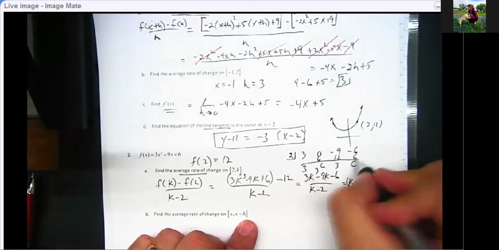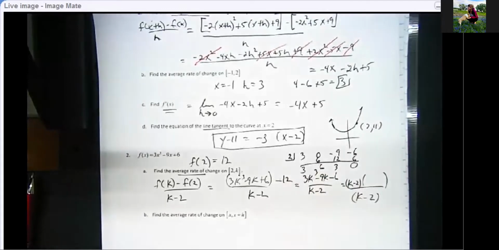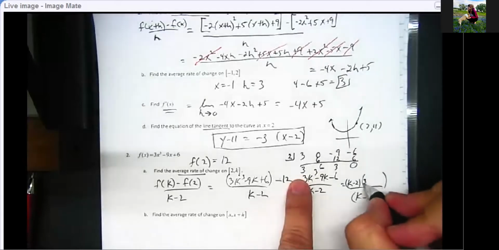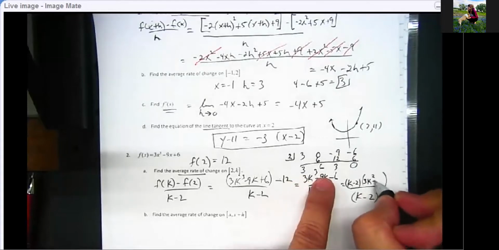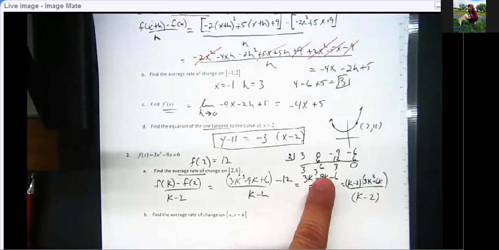This should not surprise you. Why does it not surprise you that I got a remainder of 0? Because you were guaranteed that that was a factor, weren't we? So what happened in here is we had 3k squared plus 6k plus 3.